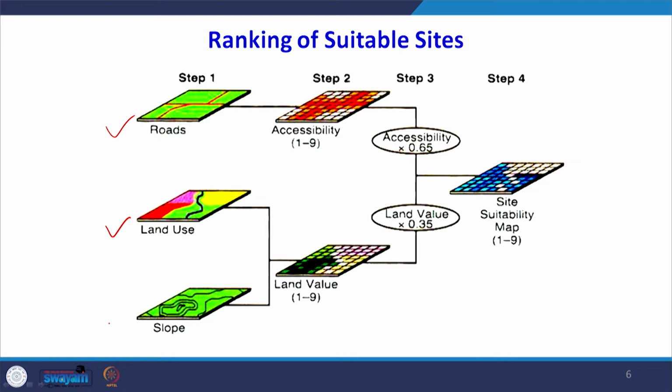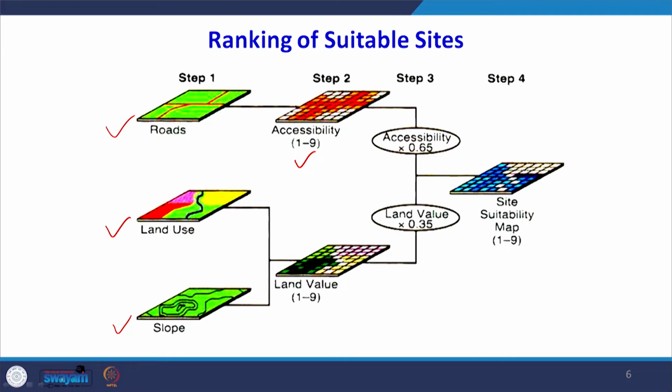Then you have the slope map; the digital elevation model will give you the slope of the area. So, you have three kinds of maps in this example. The road map will give you the accessibility, and you create a buffer, and then locations away from the road have a poor ranking, and those closer to the road have a high, good ranking.